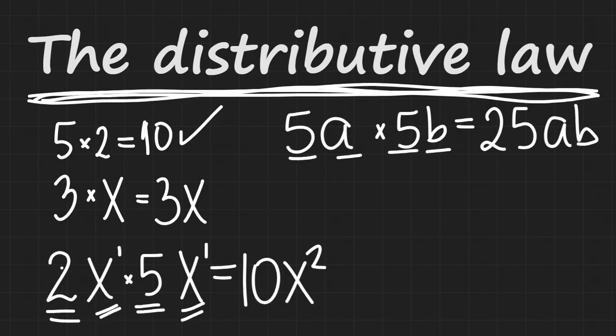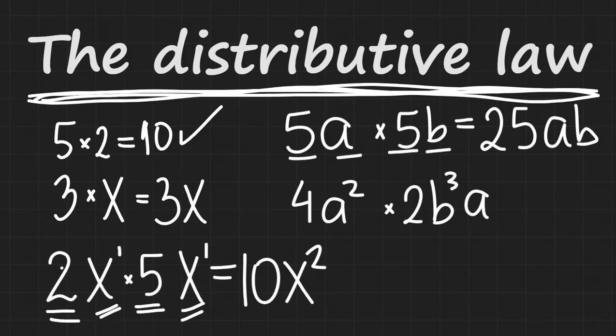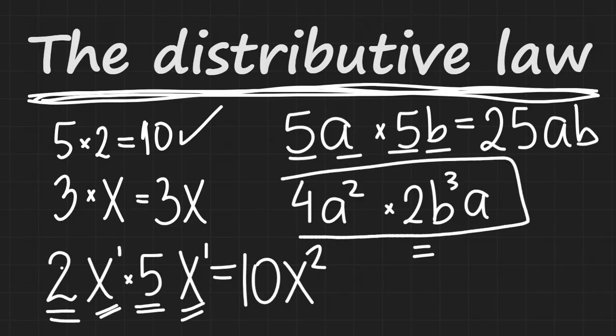All right. What if we have, for example, 4a to the power of 2 multiplied by 2b to the power of 3a? Here, again, number by number, variable by variable. 4 multiplied by 2 will be equal to 8, right?